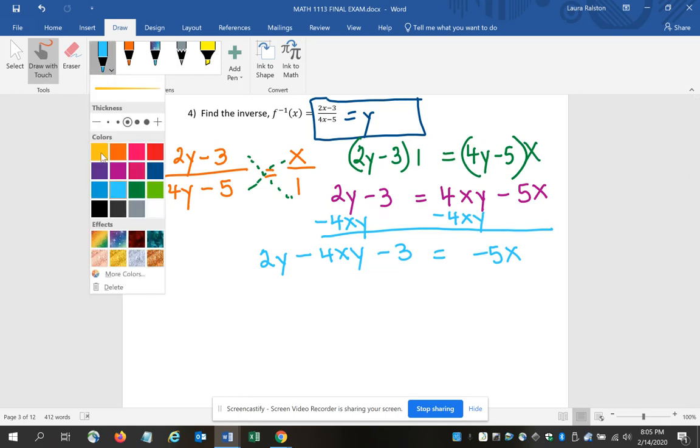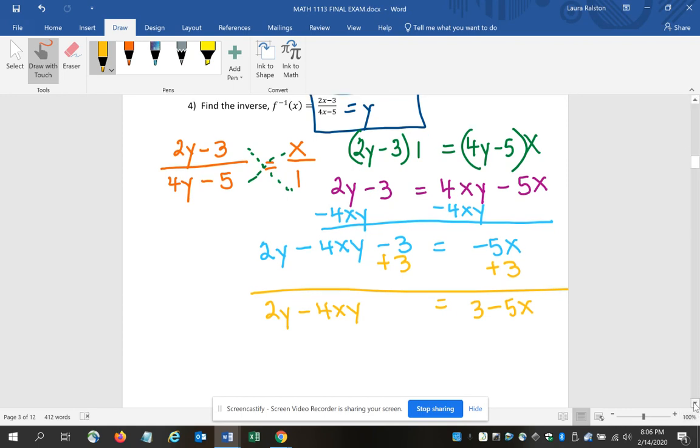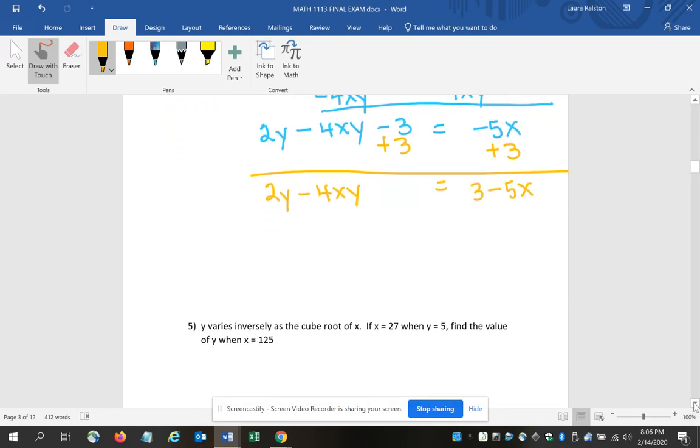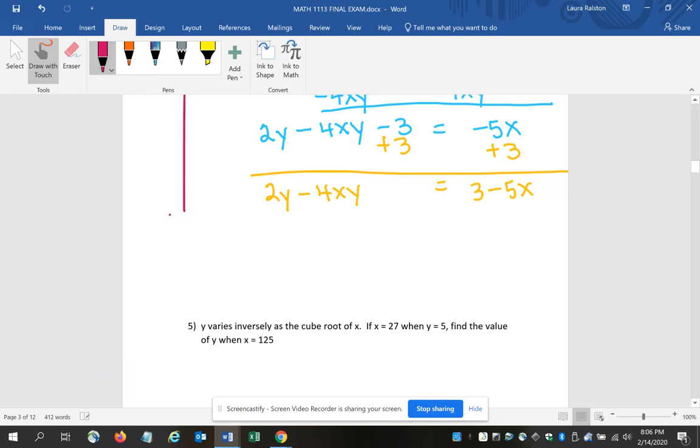Then I need to add 3 to either side. So I have 2y minus 4xy equals 3 minus 5x. Then I notice that on the left side, both terms have a y. So I'm going to factor out the y.